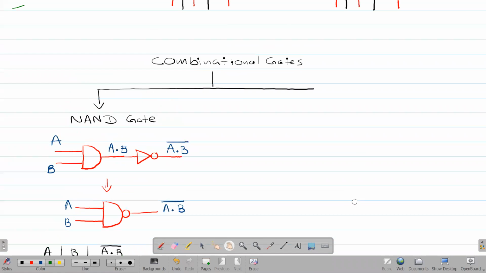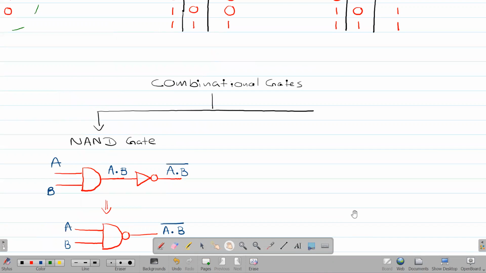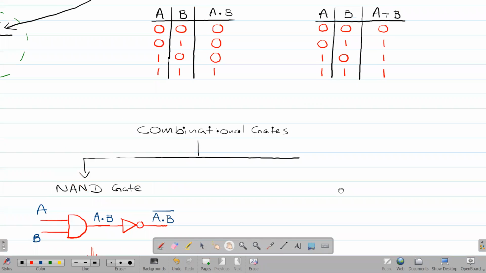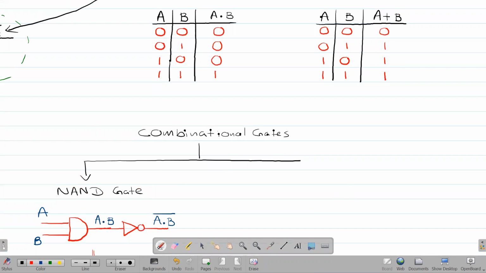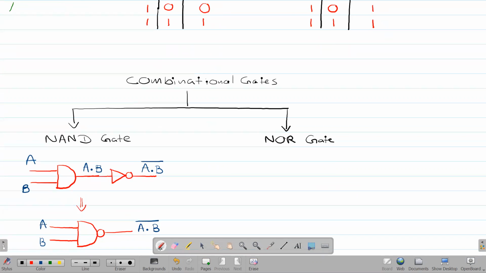Okay, so the next one is called the NOR gate. The NOR gate is made using an OR gate.